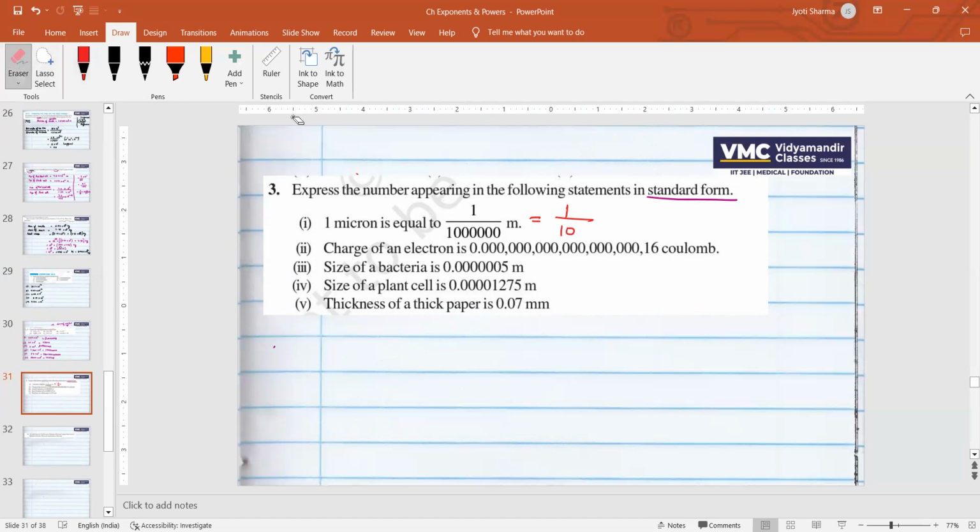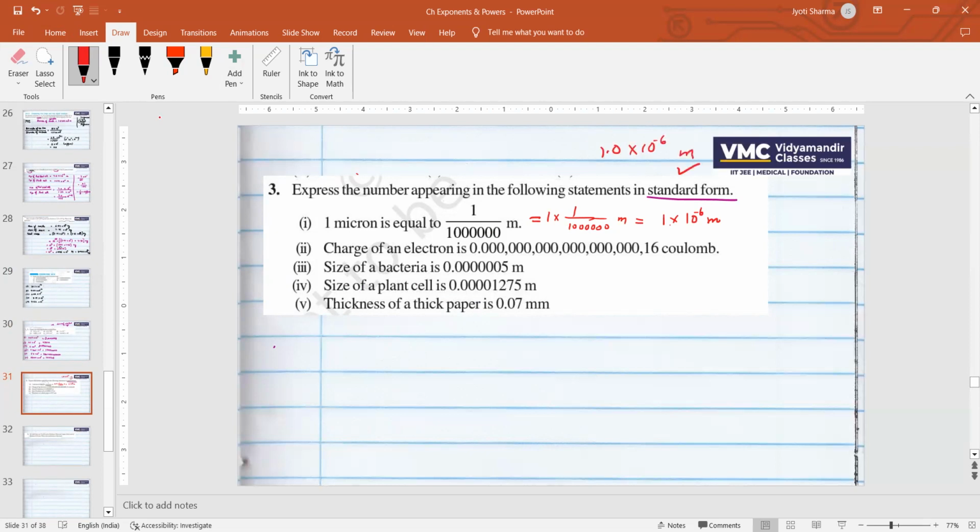I can write it in this way, that this is 1 into 0, 2, 4, 6. I can write 1 into 10 to the power minus 6. Though we should not write the 0, that's okay, I can write even 1.0 into 10 to the power minus 6.